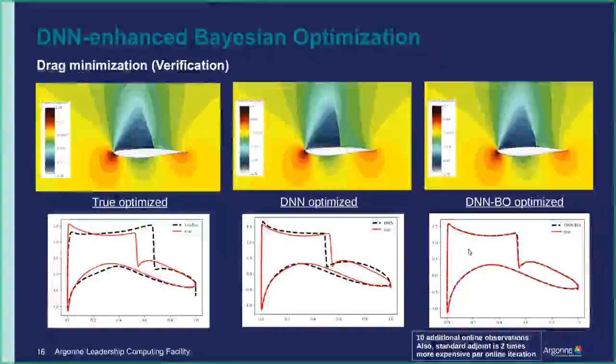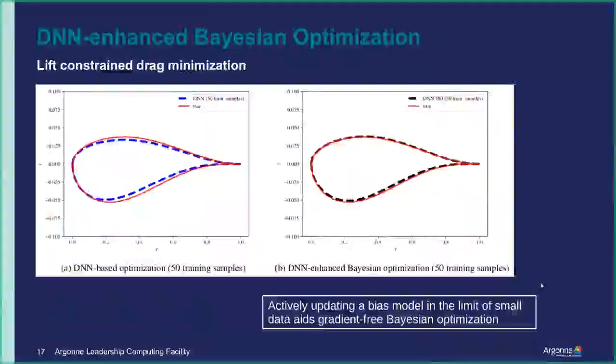So it's kind of a hybrid, and it's adaptive, right? We keep updating the bias model as we make new predictions. You can also consider this to be an actively learning type of framework. So yes, just 10 additional online observations and not 100, and we are able to get quite close to the true profile, right?